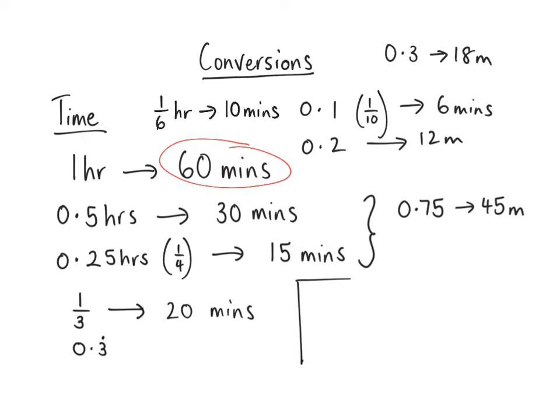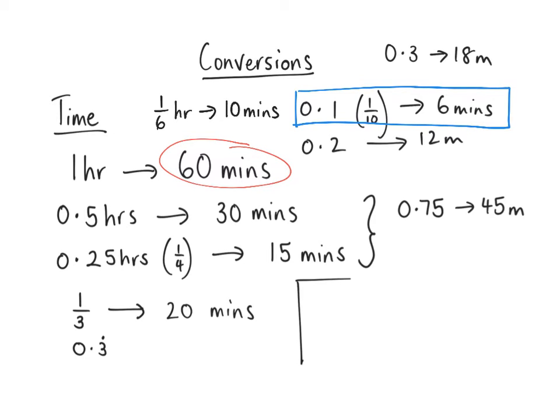Give me 10 minutes. All these conversions that I've just written are really important, and I would write down any that you didn't know. Now, obviously, if you know 0.5 hours is 30 minutes, don't write that one down. But if you didn't know that 0.25 hours, a quarter of an hour, is 15 minutes, write that one down.